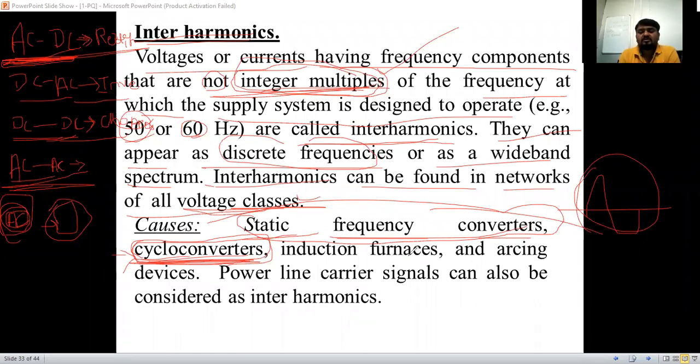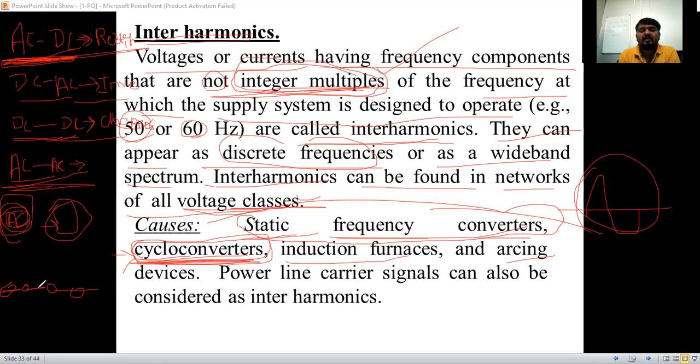So induction furnaces are there. Arcing systems, as you must have studied in high voltage engineering, use air as an insulating material. Whenever we pass high voltage in this tube, a spark continues in between. We call that a sparking system.